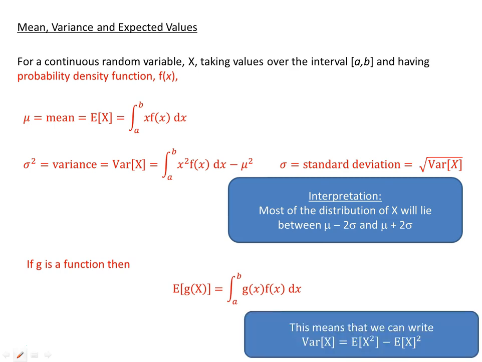And this means that we can again write the variance of x as being the expected value of x squared, take away the mean squared, in other words, take away E of x, all squared.